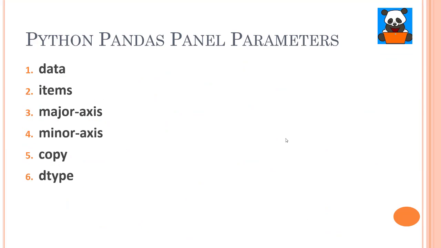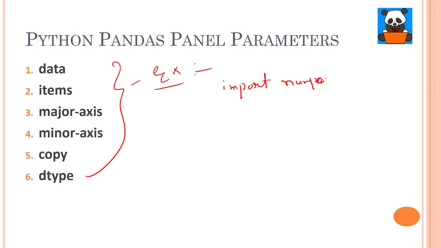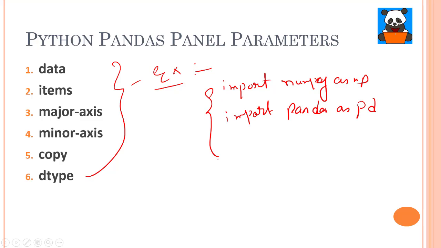Suppose you want to create a panel with these parameters. The first important thing is to import: import numpy as np, and import pandas as pd. This is the common thing whenever you use it. After these two, you go with some data, depending on you.